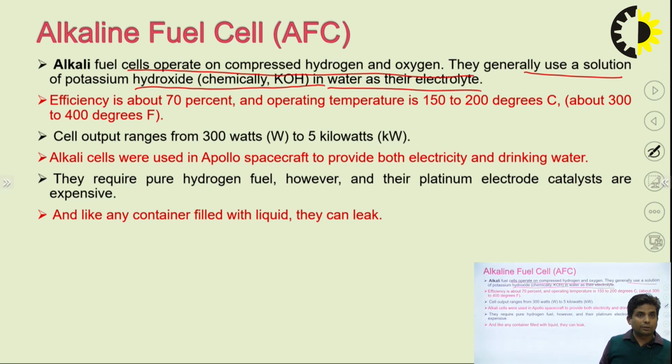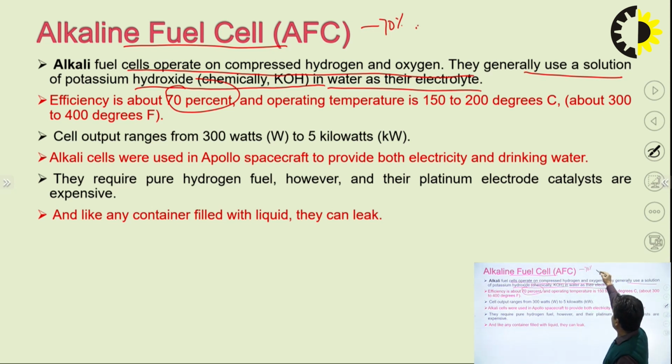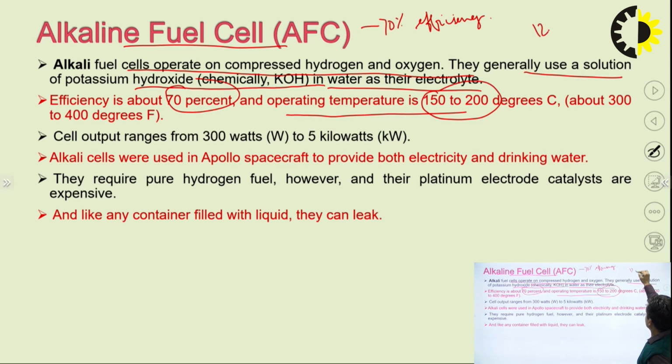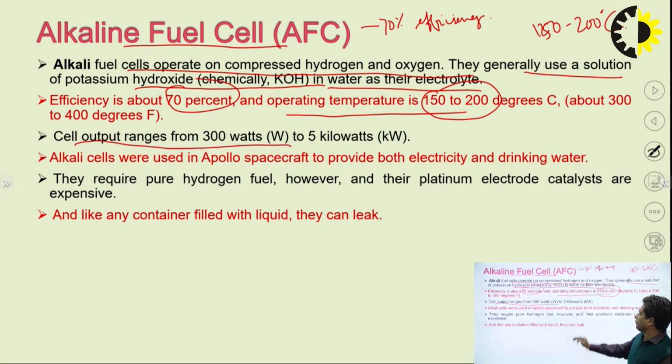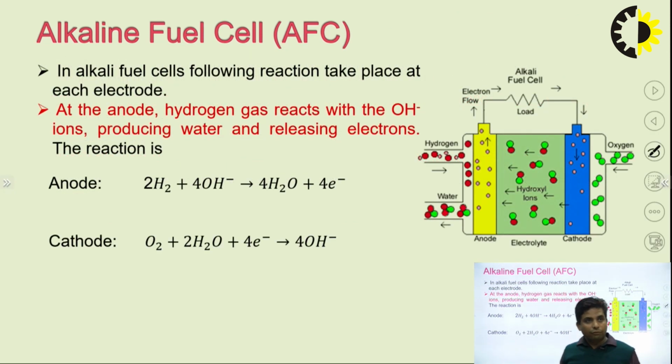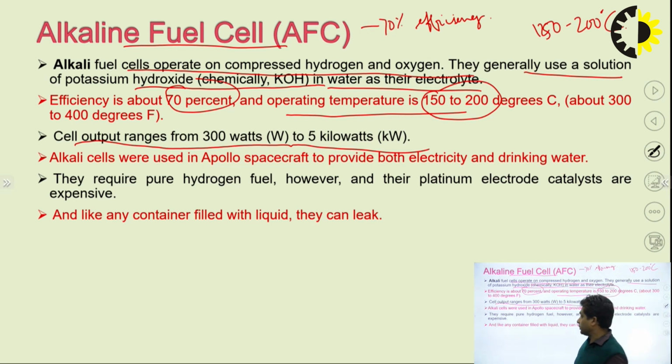Their efficiency is about 70%, which is high for electricity generation, and their operating temperature is about 150 to 200 degrees Celsius. Their individual cell output ranges from 300 watts to 5 kilowatts. So we don't use it commercially; through this cell we can't produce energy for commercial purposes.